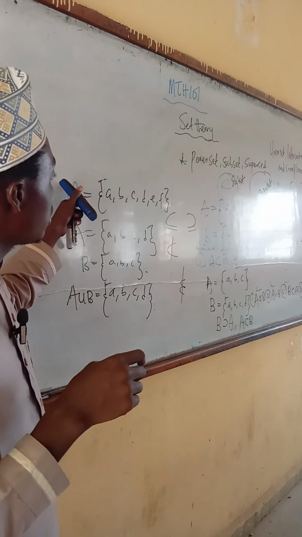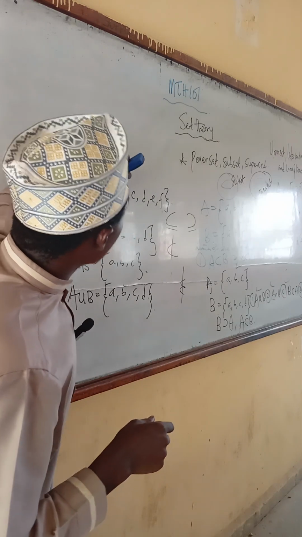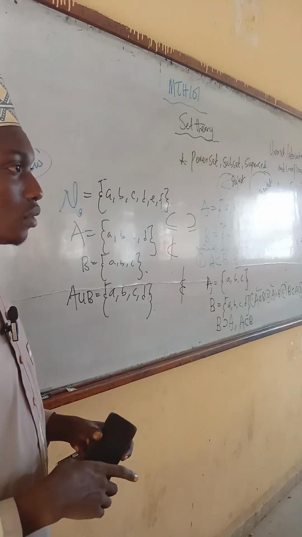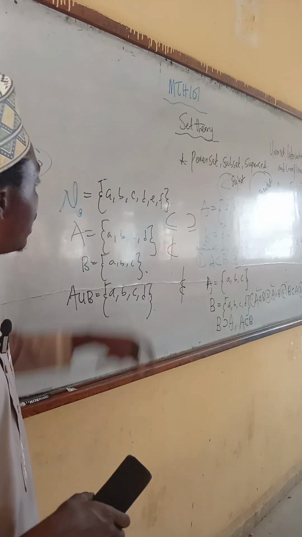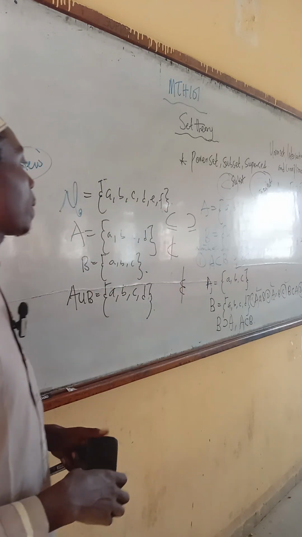Are you following? This is defined as the elements or members that are in the universal set but are not in a particular set itself. Are you getting the point? They are in the universal set but are not in the particular set itself.